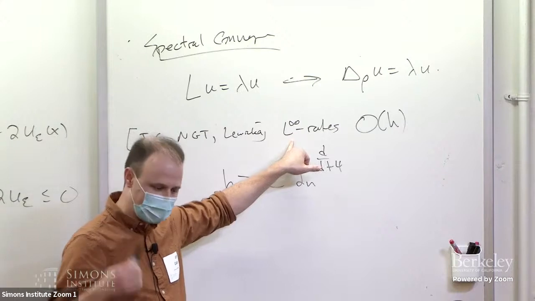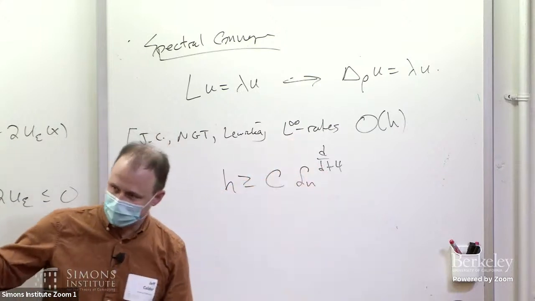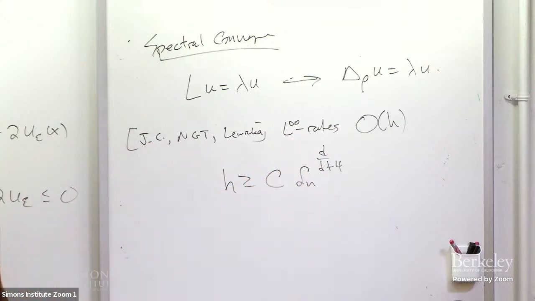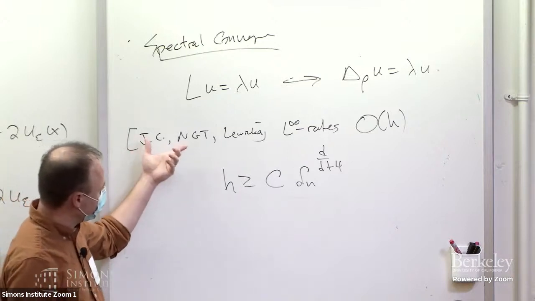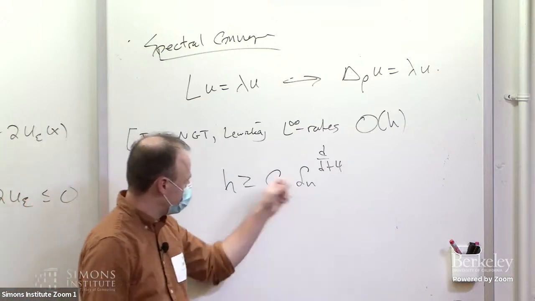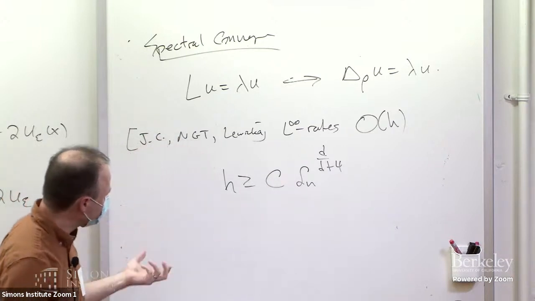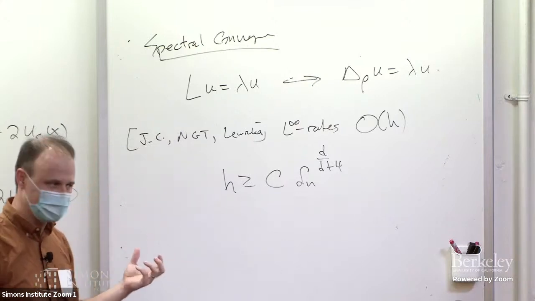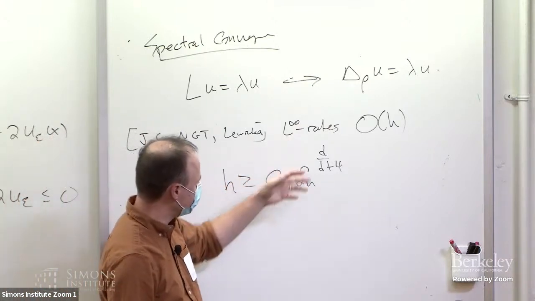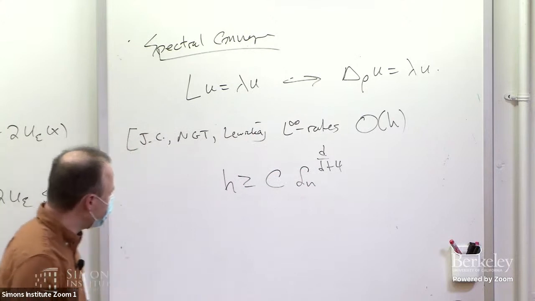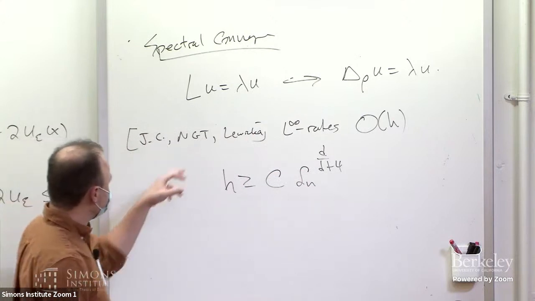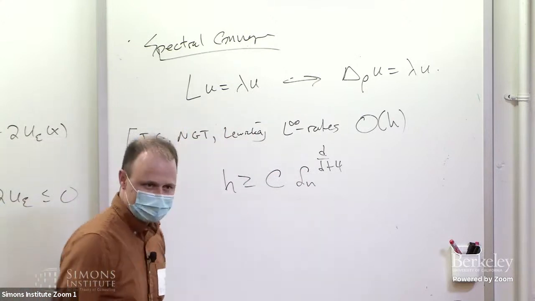You can use the gamma convergence framework of Dejan Slepčev and Nicolas Garcia Trillos to push these convergence rates down to the graph connectivity threshold, but you get worse rates that are in the L2 sense and not in the L infinity sense. And so if you want these improved rates, you need some way to get convergence of the operators down to this length scale.